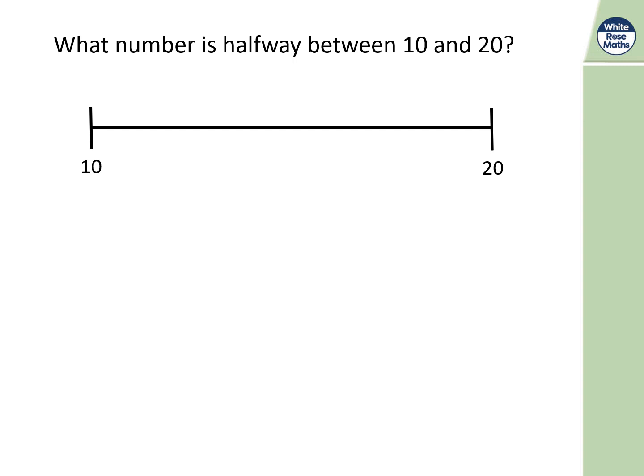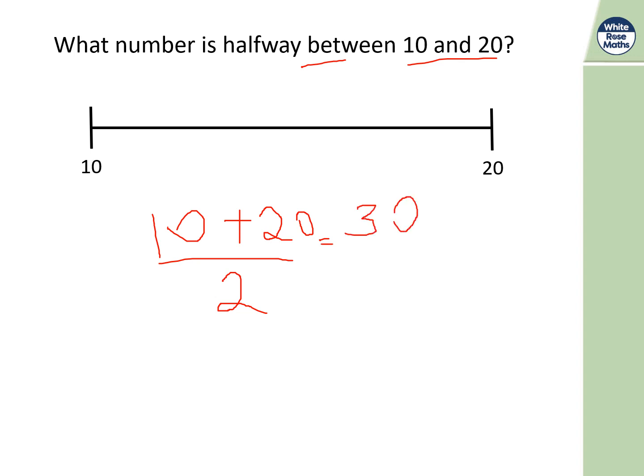Okay, this question here, what number is halfway between 10 and 20? So halfway, I'm going to add the two numbers and then divide it by 2. So 10 add 20 is equal to 30. 30 divided by 2 is equal to 15. So the number that is halfway between 10 and 20 is 15.